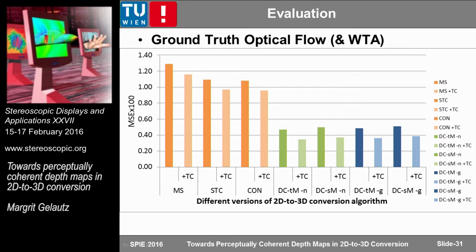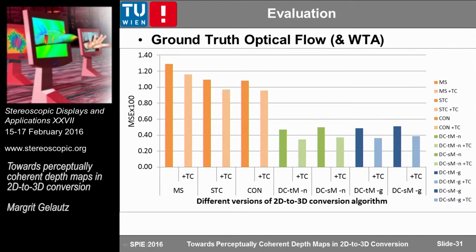The orange results here were computed without considering the depth changes of the objects, and the greenish results here did a straightforward linear interpolation, and the blue results here, the depth order guided interpolation. So in that case, the depth order guided interpolation didn't improve the quantitative results. However, this was a test using ground truth optical flow.